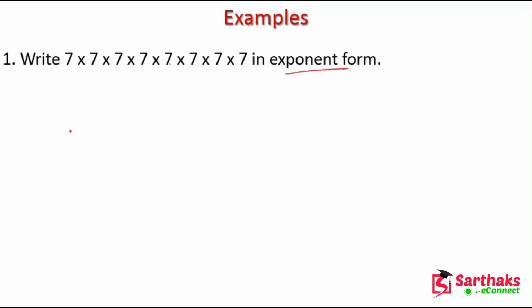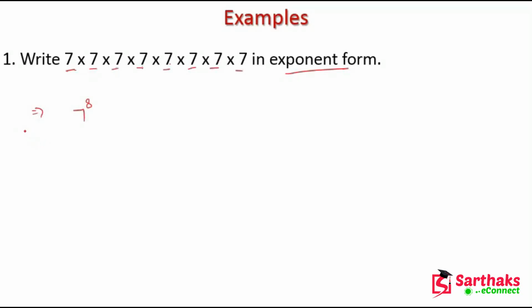In this problem, 7 is written 8 times, like 1, 2, 3, 4, 5, 6, 7, 8. So the problem can be rewritten as an exponent of 8. We can write this expression as 7 raised to power 8.